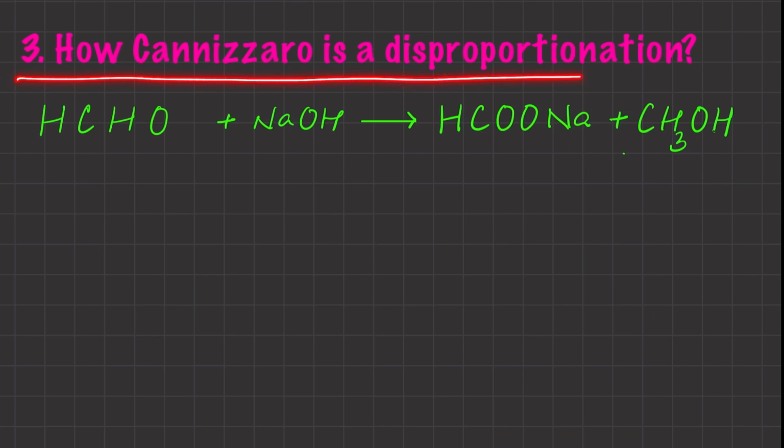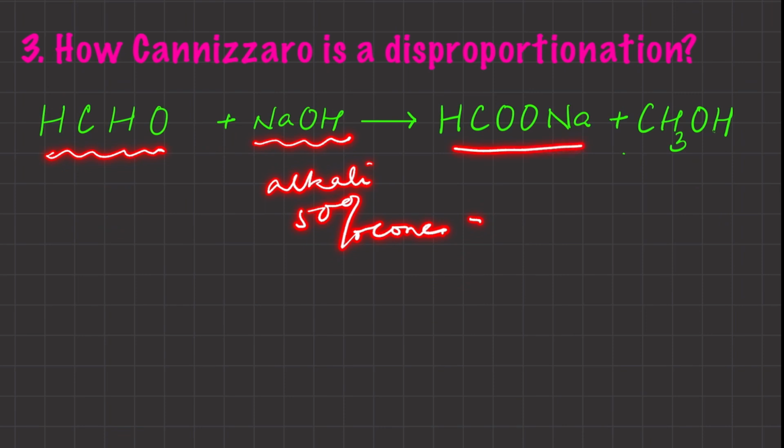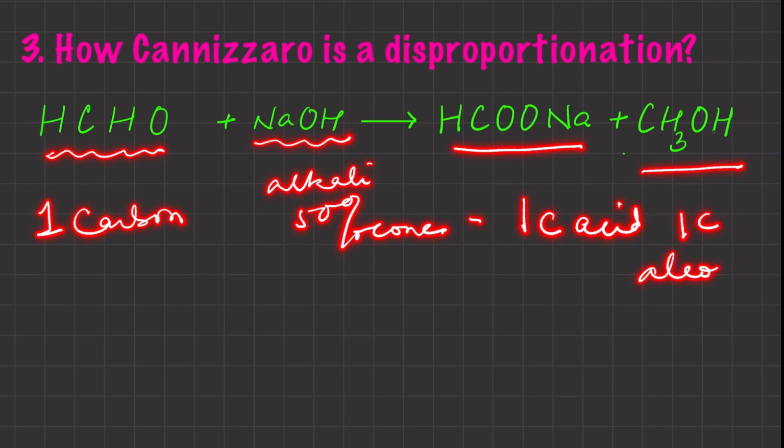Let's find out how Cannizzaro is a disproportionation reaction. In Cannizzaro reaction, the aldehyde in presence of alkali, usually we take 50% alkali or concentrated alkali, converts into the salt of an acid and an alcohol. If you see, this is a 1 carbon aldehyde, so we have a 1 carbon acid and a 1 carbon alcohol.